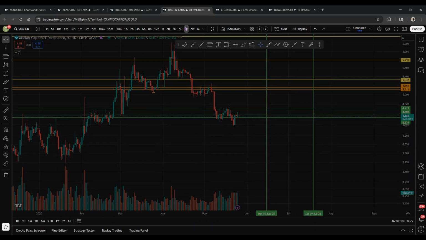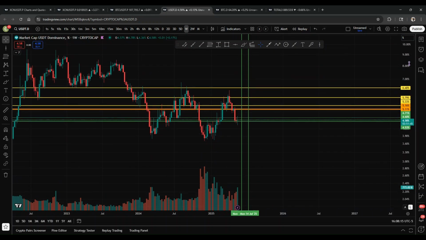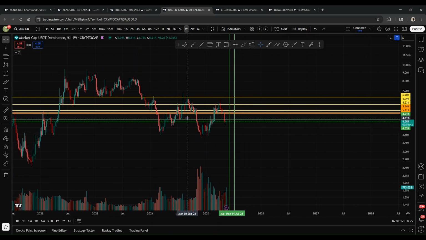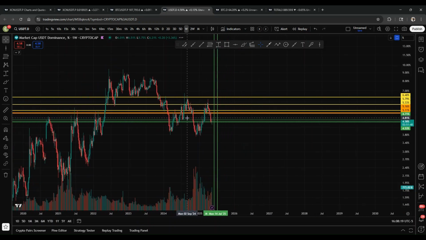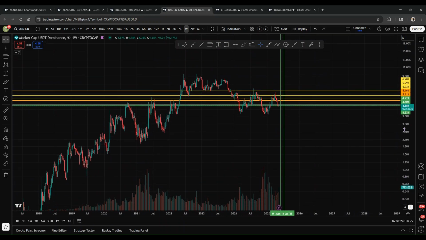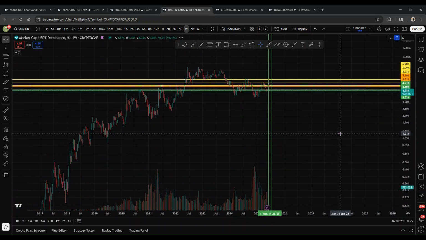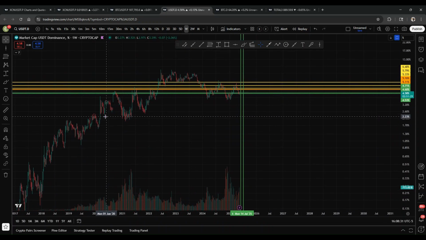So if I come on to the weekly, you will get a really good idea of what I'm talking about. So if you can see that USDT dominance was going up, and then from over here 16th of October we got this reversal towards the downside.